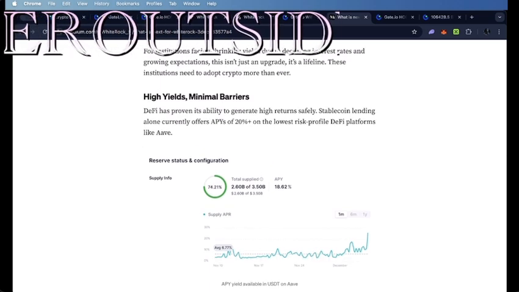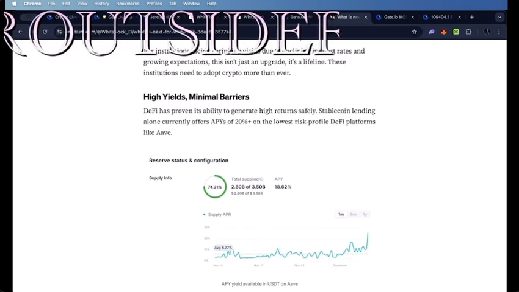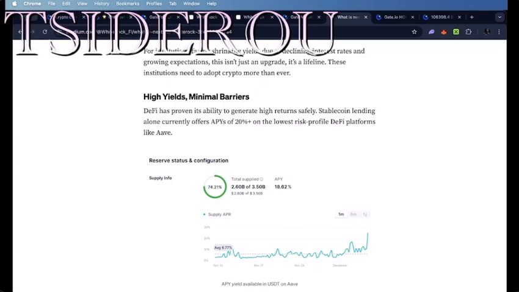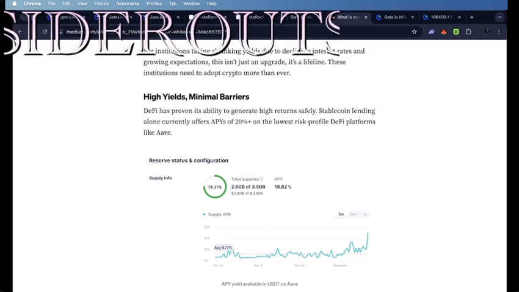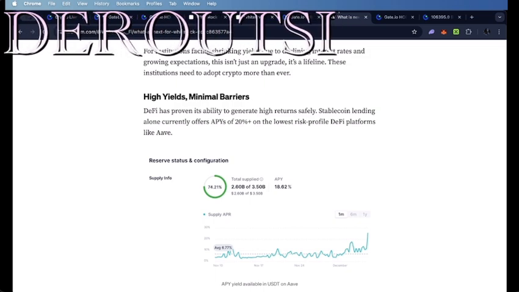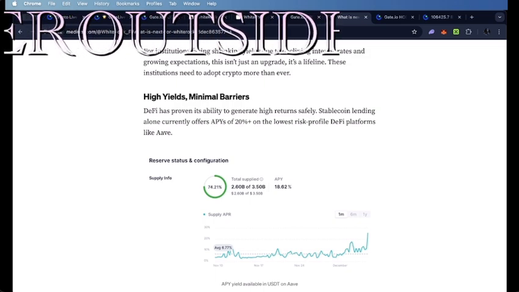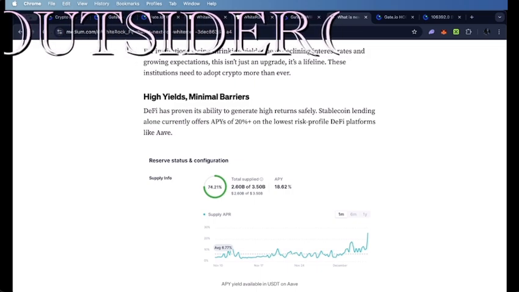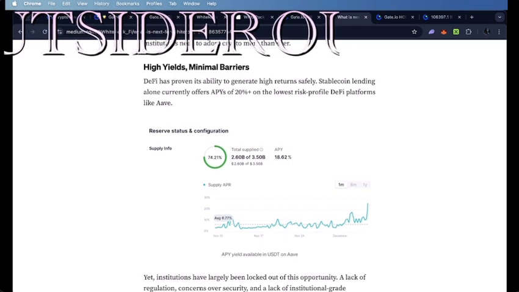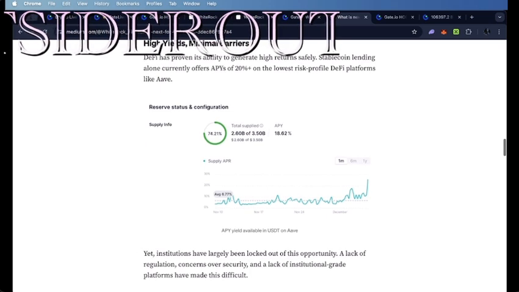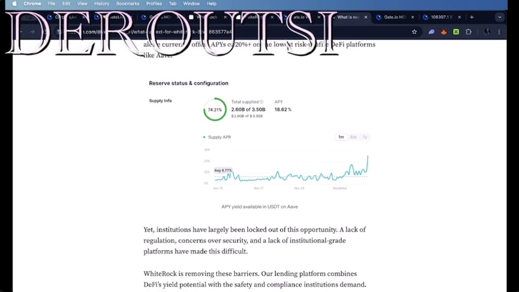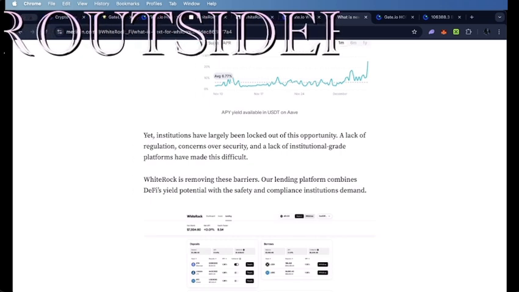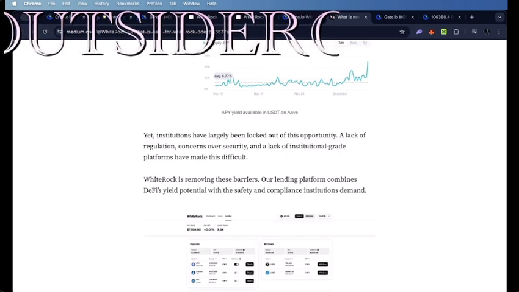High yields, minimal barriers. DeFi has proven its ability to generate high returns safely. Stablecoin lending alone currently offers APYs of 20% on the lowest risk profile DeFi platforms like Aave. Yet institutions have largely been locked out of this opportunity.